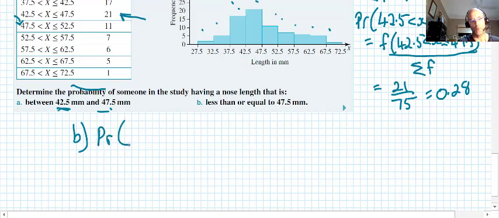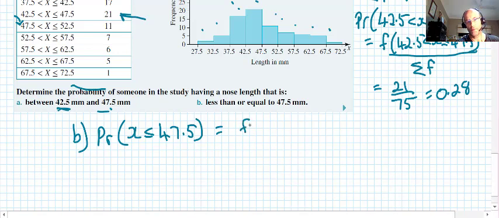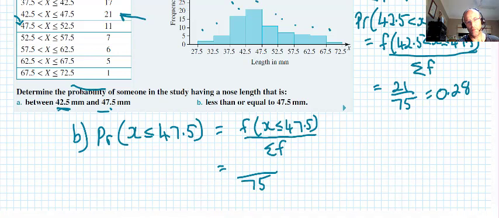So we have probability, x is less than or equal to 47.5, and so we have the frequency over the total of all the frequencies, which is the relative frequency, and again that's 75. Okay, let's determine the frequency for less than or equal to 47.5.